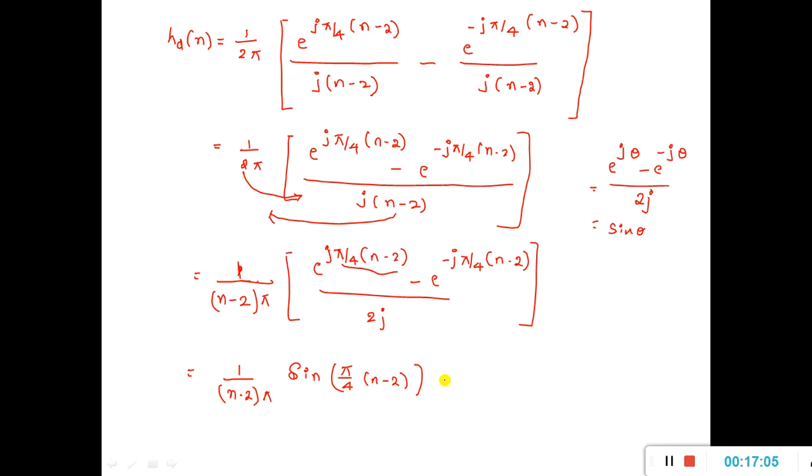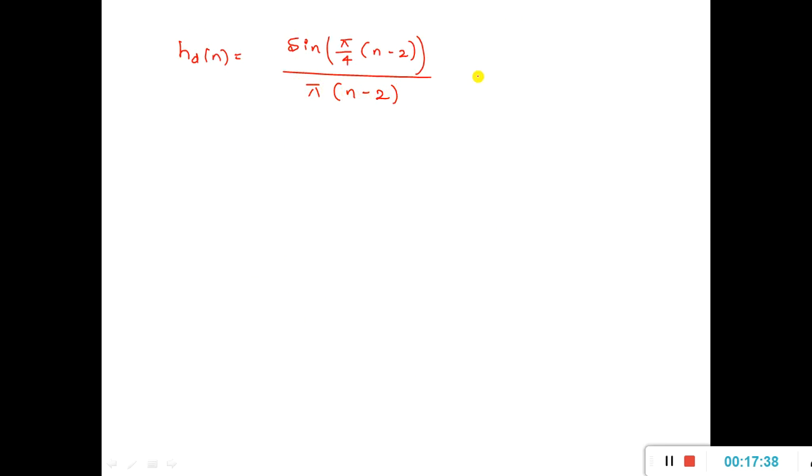So what is my HD of n? Finally I can write HD of n is equal to sine of pi by 4 into (n minus 2), whole divided by pi into (n minus 2).